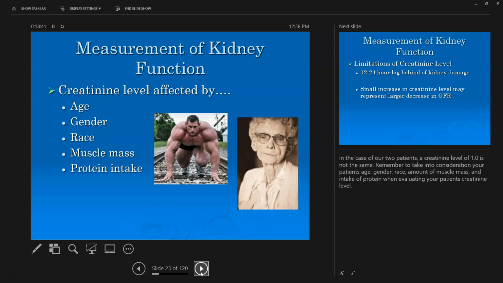This little old lady might have a baseline creatinine of 0.4, where this guy might have 1.5, and they still have a normal creatinine clearance for them. But to actually diagnose acute kidney injury, their creatinine has to increase by 0.3 or more. It can still be within normal limits, but if it increases by 0.3, it's considered AKI.